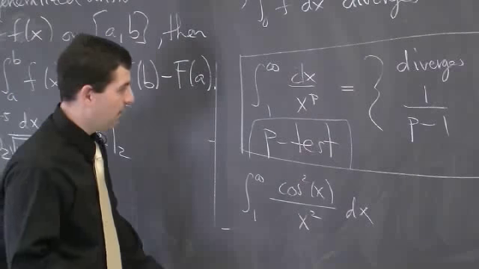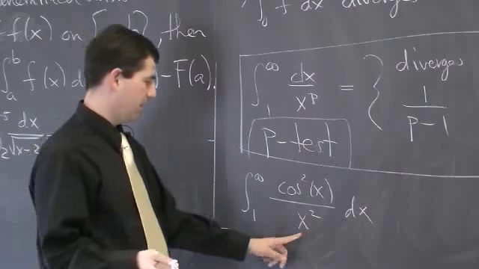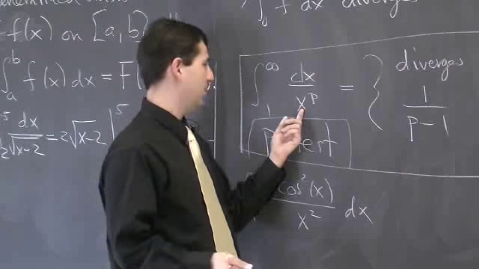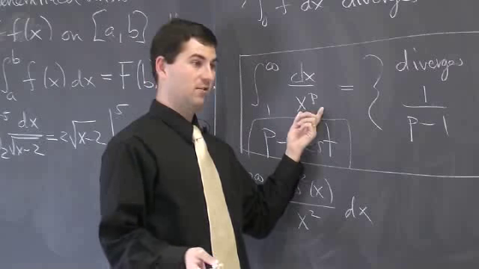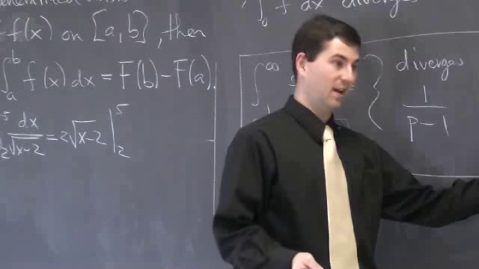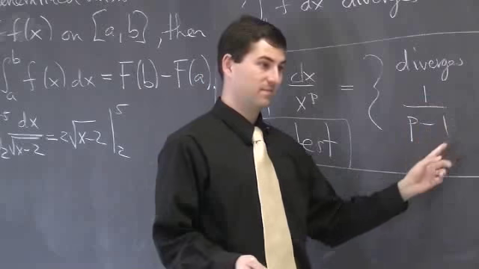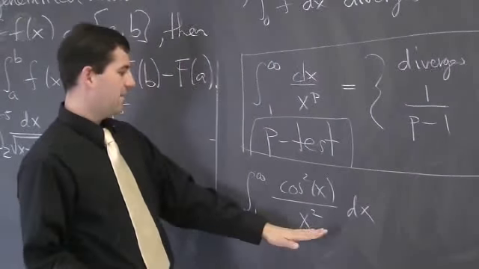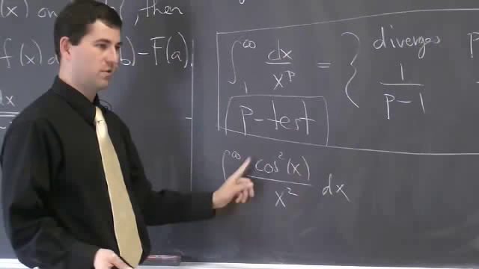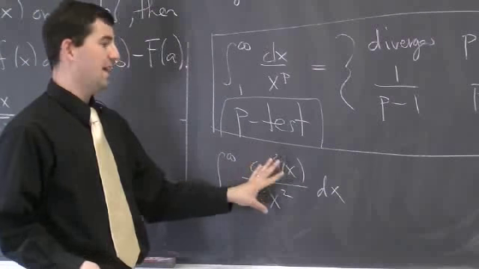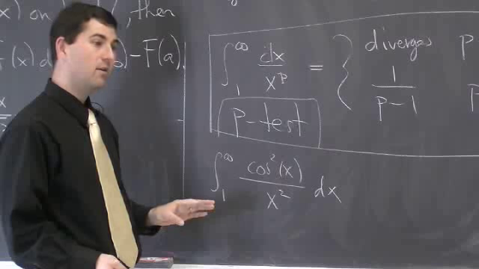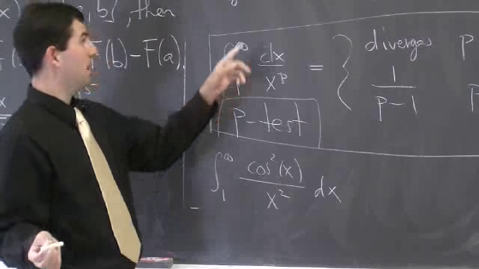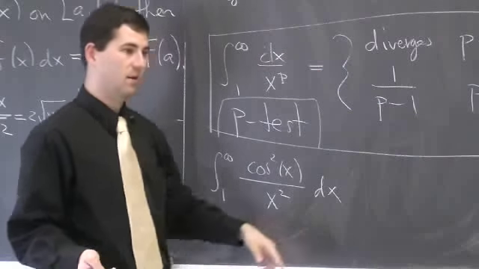I see this nice x squared, which would be a special case of x to the p when p is 2, in the p greater than 1 case, where it does converge. So if I could show that this function was always, on this interval anyway, less than or equal to 1 over x squared, then I'd be done, because I could use the comparison test.